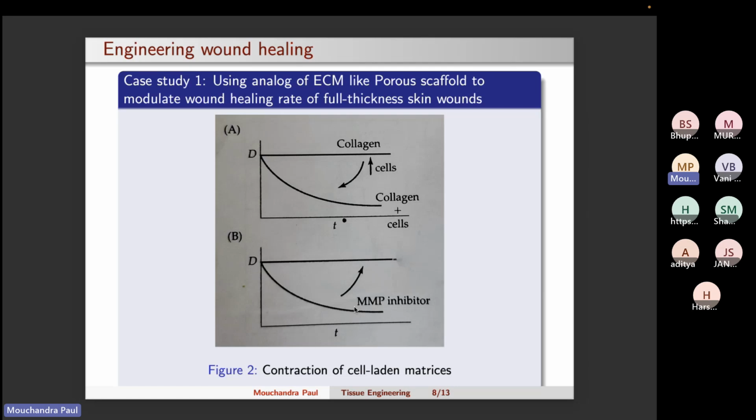So if you incorporate inhibitors of these MMP enzymes, they will not be able to make a path for the cells, because of which the contraction will not happen, and the diameter of the scaffold increases.